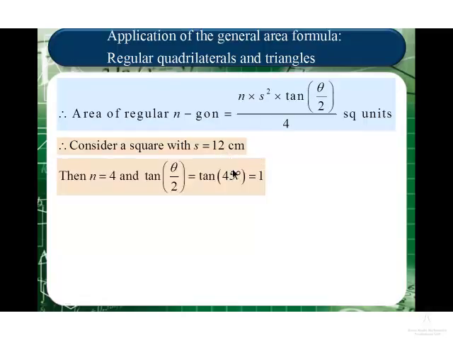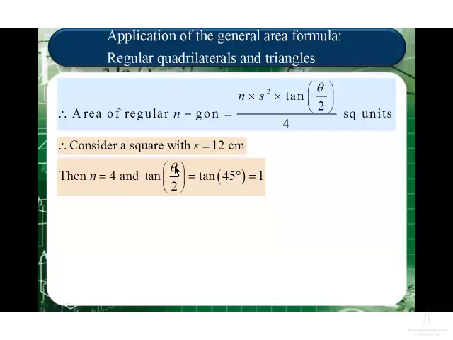Clearly n is equal to 4, because a square is just a regular polygon of order 4, with 4 side lengths, and also the interior angle is clearly 90 degrees for a square.